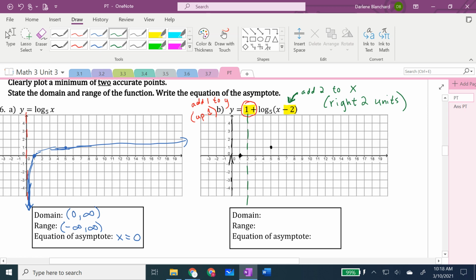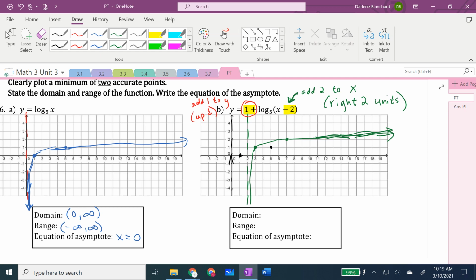But now the individual points move right 2 up 1, right 2 up 1, and then draw. And I realize it's a little bit challenging to draw, especially on a computer screen.